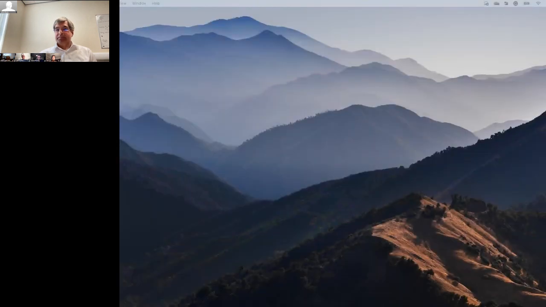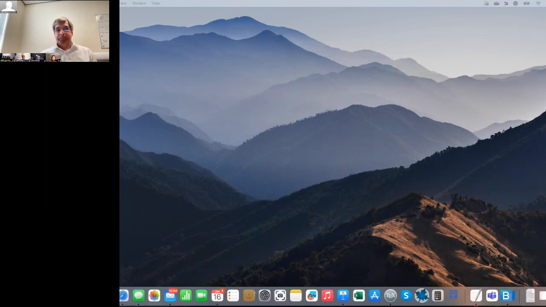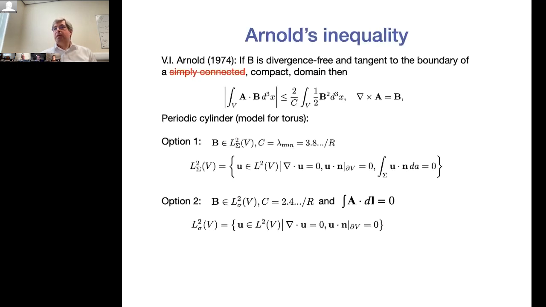Gunnar, you showed at a certain point option 2 in your minimum energy state slides, and that was considering the integral of A·dl equal to 0. Is that the slide?